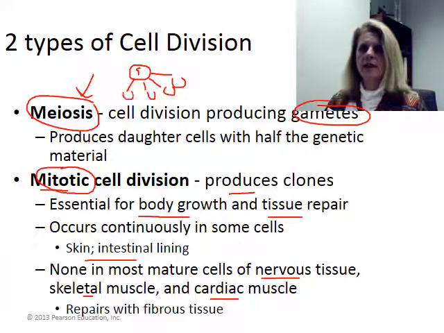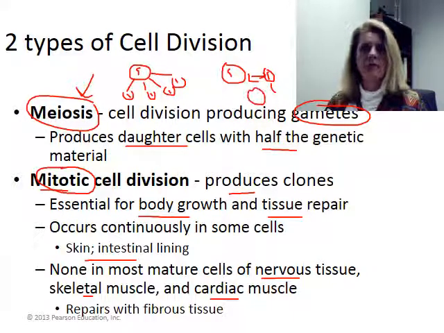And each one of these daughter cells is going to have half the amount of DNA in it. So meiosis produces daughter cells with half the genetic material, which is a good thing. So if you get an egg from your mom with half the amount of DNA that you need, and then a sperm from your dad with half the amount of DNA that you need, you put those together, then now you have all your DNA.